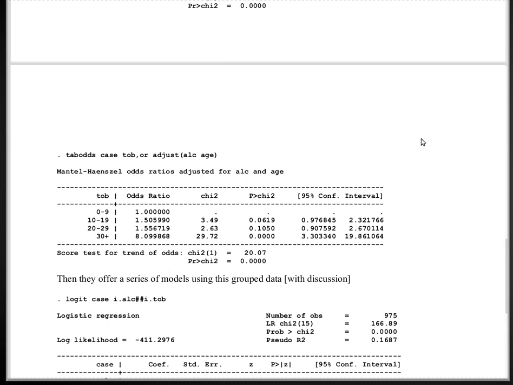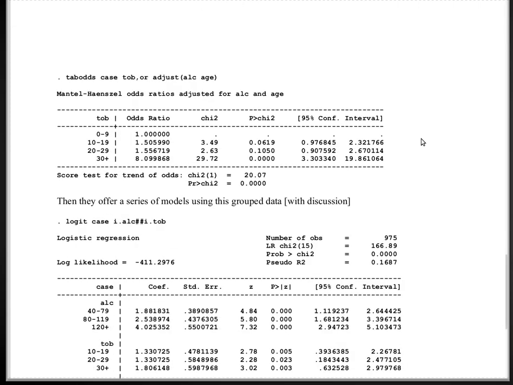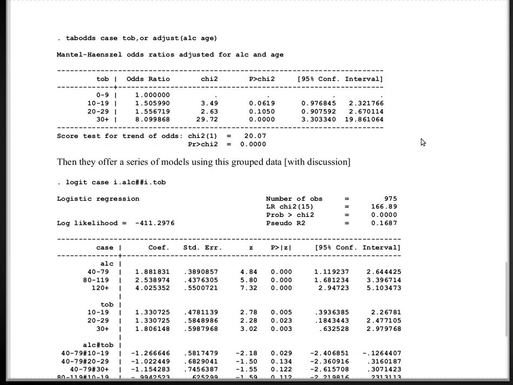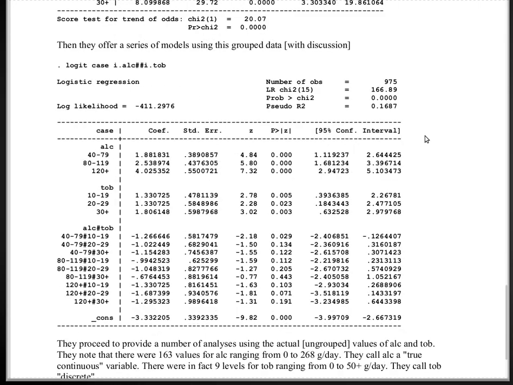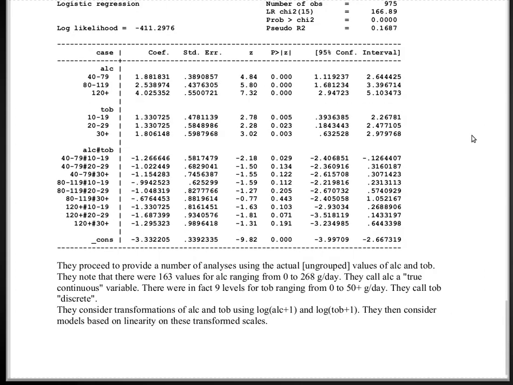And what is also available to us, as was to them back in those early days, we could, in principle, construct a logistic regression now with the 4 alcohol level groups and the 4 tobacco groups, allowing for the possibility that alcohol modifies the characteristics. And so we can see that, in fact, we get the ability to reproduce the analyses they did.